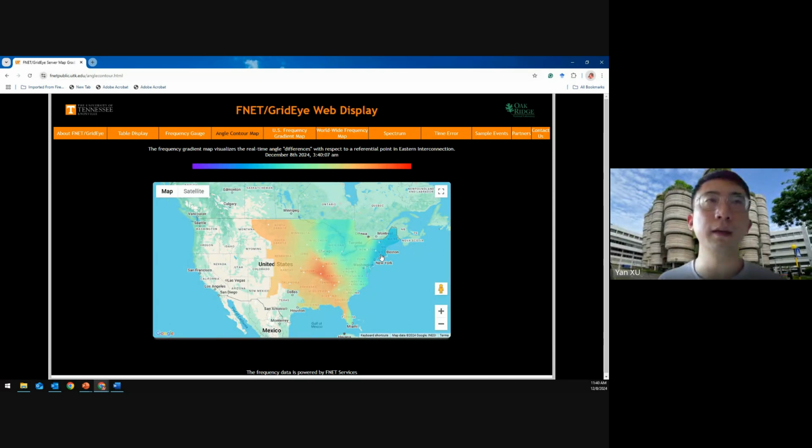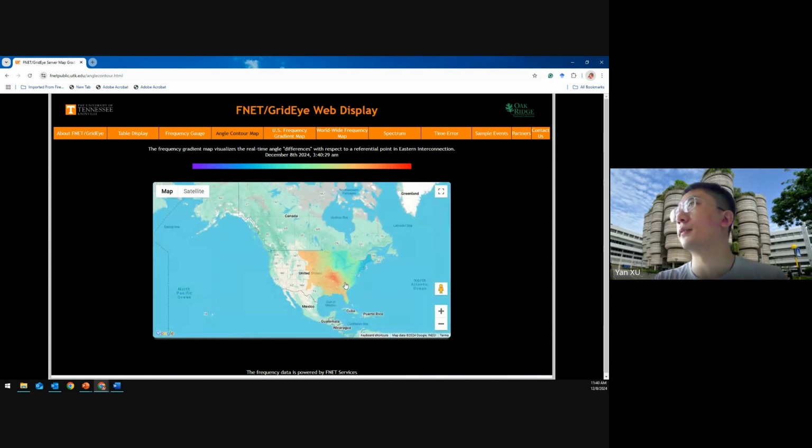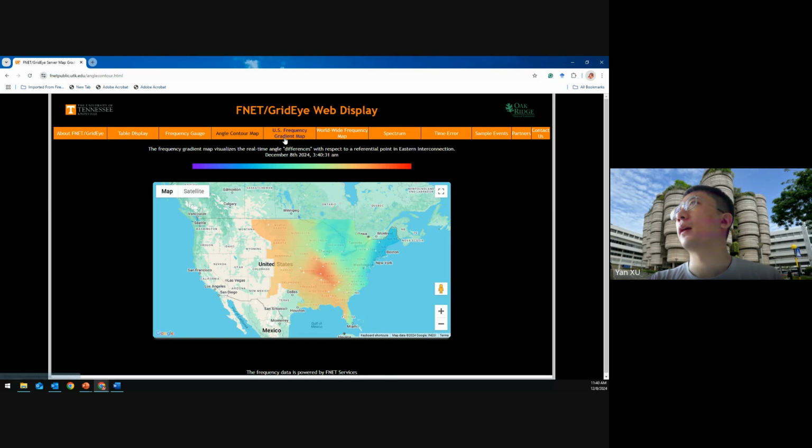Based on our fundamental knowledge, real power is transmitted from high angle areas to low angle areas. So we can immediately understand that power generation is transmitted from the middle area to the eastern area, because the eastern area is a load center. This is an immediate observation.